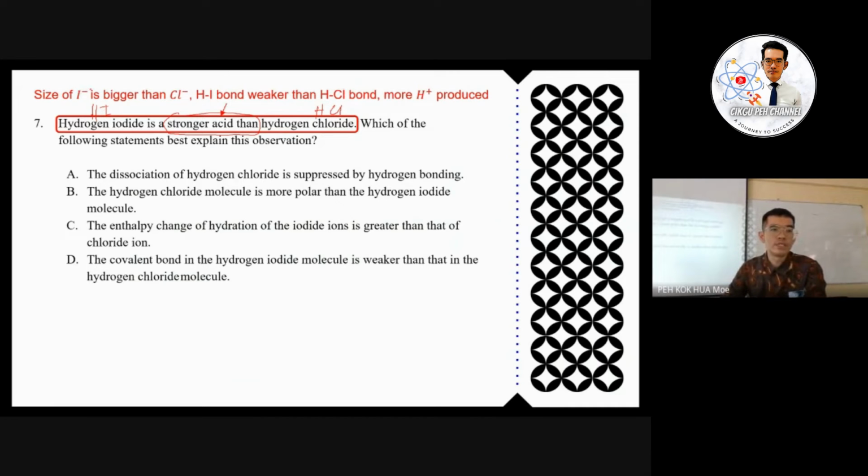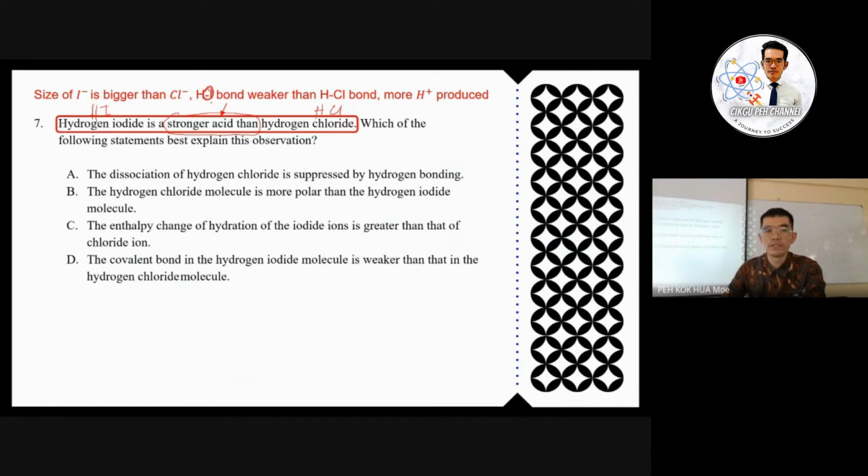From here you can see the iodide ion is bigger compared to the chloride ion. That means the bond of HI will be weaker, because the size of I is big, so the length between I and H will be longer.